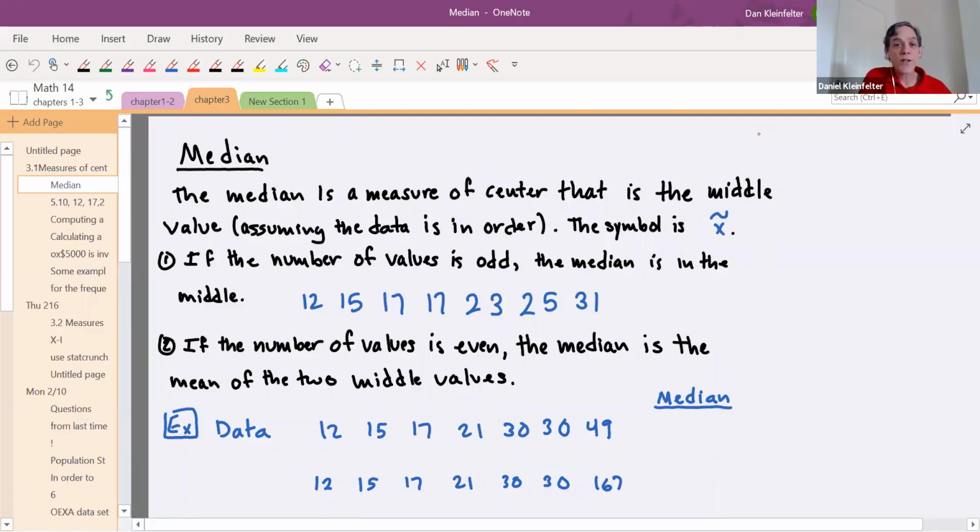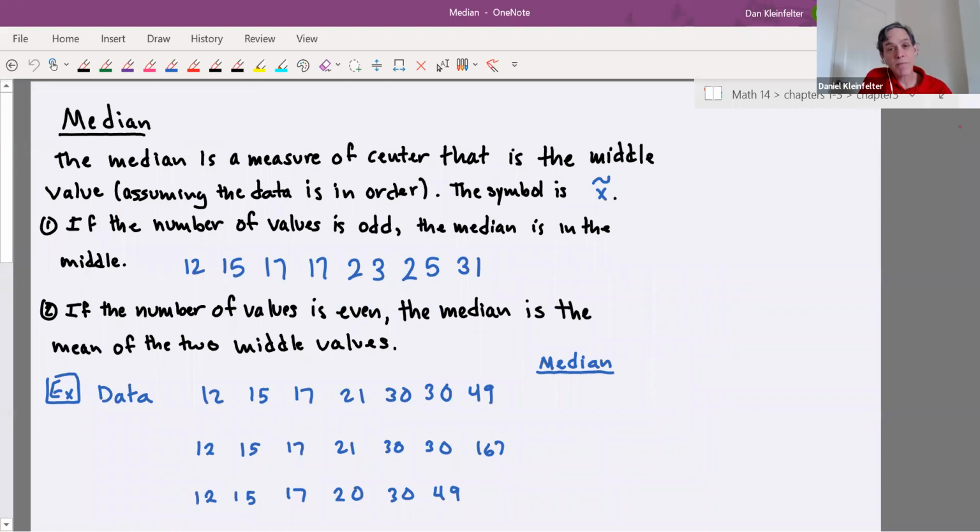All right, so next we're going to take a look at another measure of center called the median. The median is a measure of center that is physically the middle data value of a data set if there's an odd number of data values. If there's an even number, we'll talk about it. In order to do this, the data has to be sorted, right?